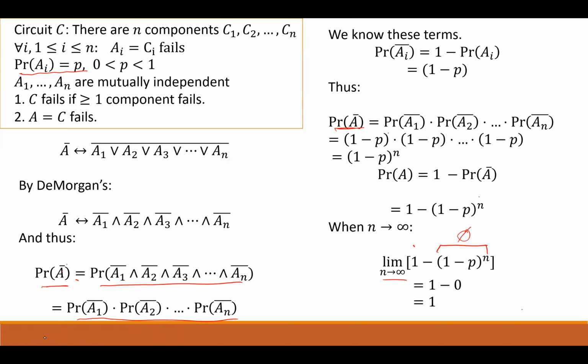What that means is that as my circuit gets bigger and bigger, if every component must work, then as n goes to infinity, it's going to fail with probability 1. So it pays to have smaller circuits made of fewer components, because they're more reliable. All right, questions?